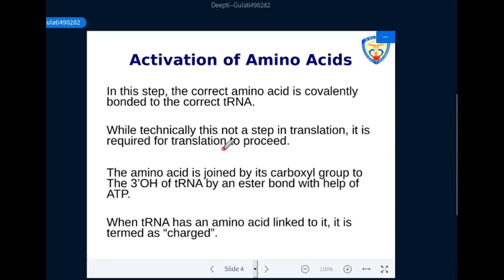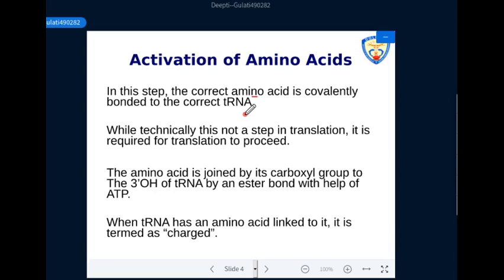So these amino acids, before they are attached to the transfer RNA molecule, have to be activated. The activation is performed by a specific enzyme, known as amino acyl tRNA synthetase. For every amino acid in a cell, there is a specific amino acyl tRNA synthetase.